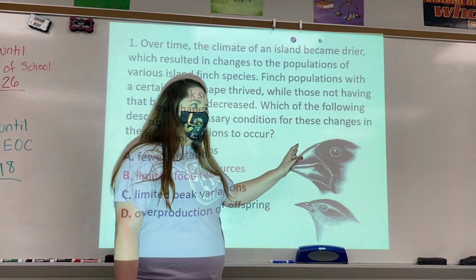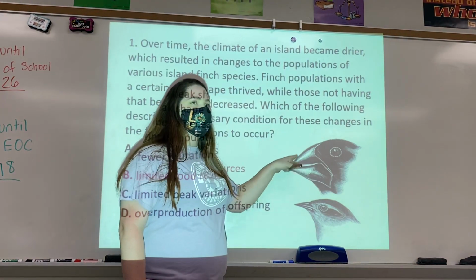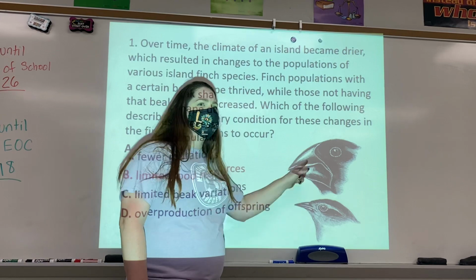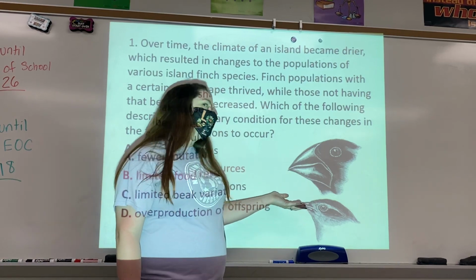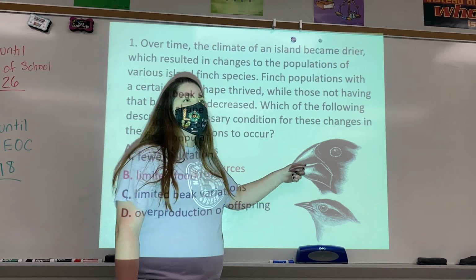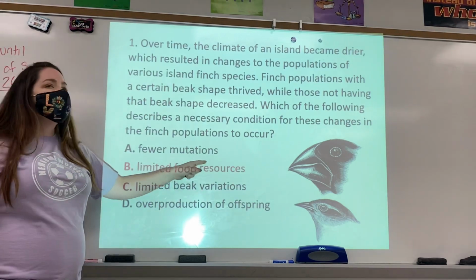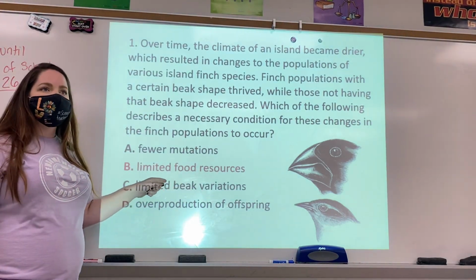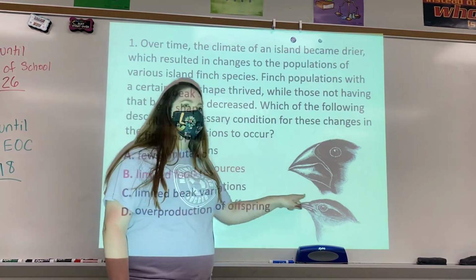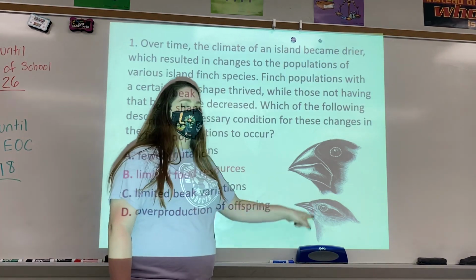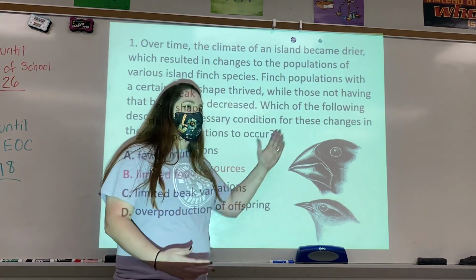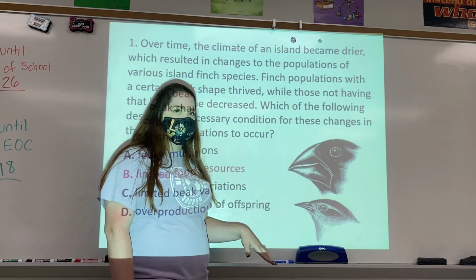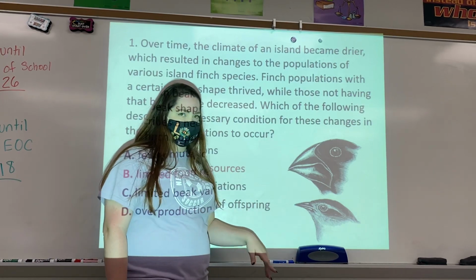But is this bird surviving more because there's only 2 different types of beaks? No, this bird is surviving more because the food resources are different. There's not that much food for this bird, so this bird is not going to survive. That has nothing to do with how many different beak structures there are.